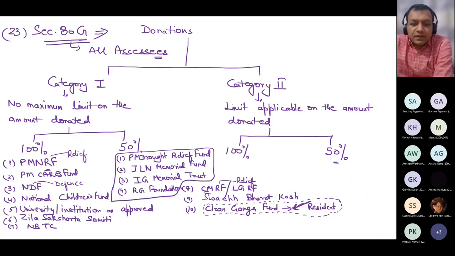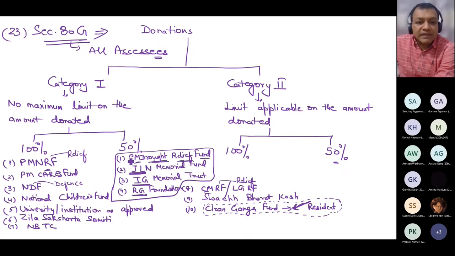In the remaining four, Prime Minister Drought Relief Fund, Jawaharlal Nehru Memorial Fund, Indira Gandhi Memorial Trust, and Rajiv Gandhi Foundation, it is 50%. You can easily learn this 50% category because Jawaharlal Nehru had been the Prime Minister, Indira Gandhi had been the Prime Minister, and Rajiv Gandhi too. These three have been Prime Ministers, so it's easy to learn by their names. And the Prime Minister Drought Relief Fund.